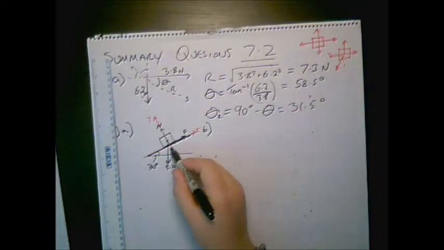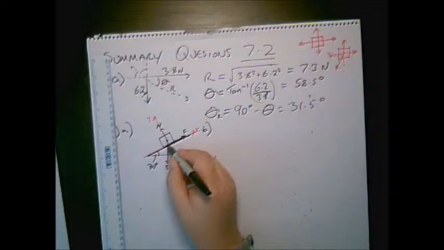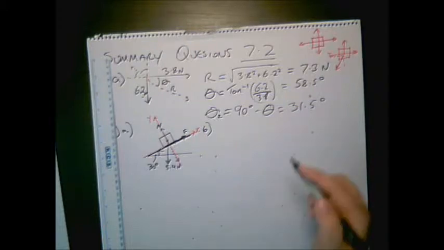The weight must have a component in our Y direction and a component in our X direction. And once we calculate them, we're back to our square with up, down, left and right.